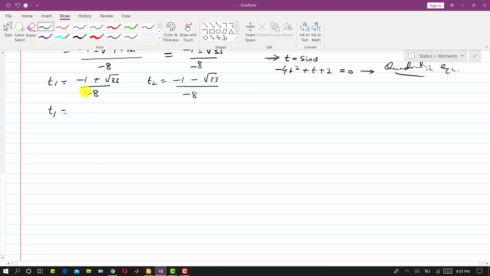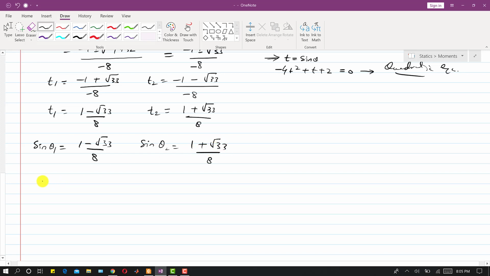If we multiply and divide by minus 1, we get (1 minus root 33) divided by 8, and for the other, (1 plus root 33) divided by 8. So these are the two solutions. Now sinθ1 is (1 minus root 33) divided by 8, and sinθ2 is (1 plus root 33) divided by 8.